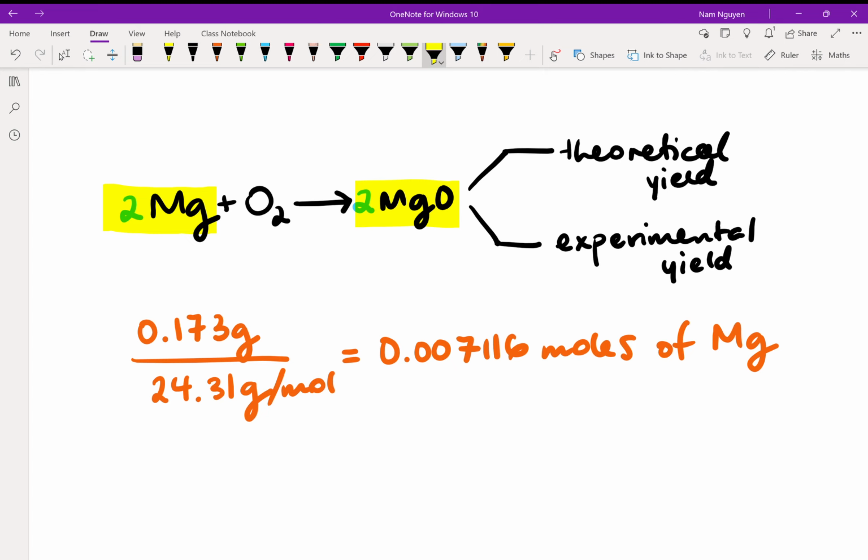Or for every 2 moles of magnesium I've used, I have 2 moles of magnesium oxide because it's 2-to-2, yeah? Which is 1-to-1. So the amount of magnesium oxide would be the exact same as the magnesium, in number of moles, but not mass, in moles. Because remember, mole ratio is different to mass ratio.